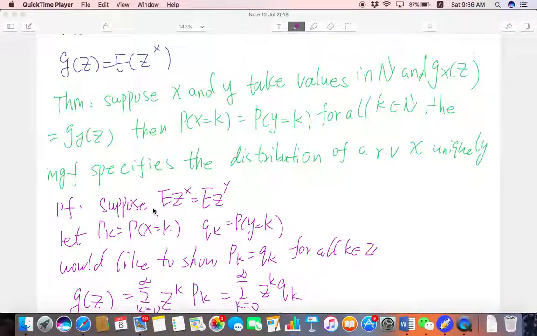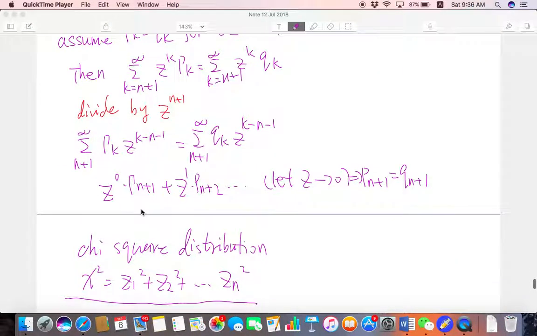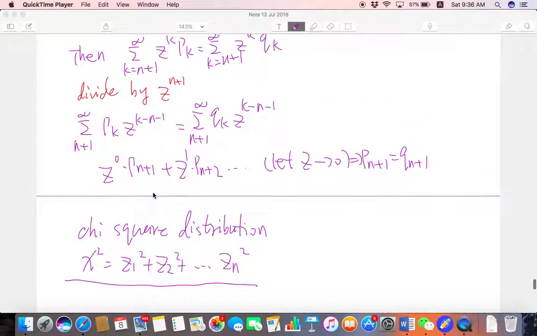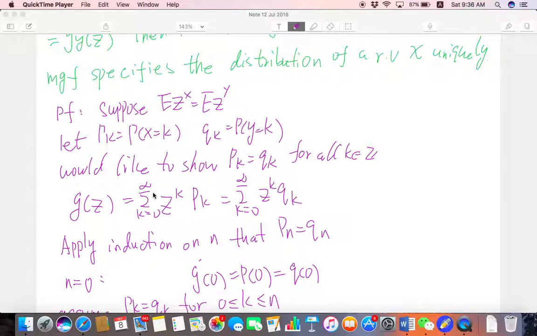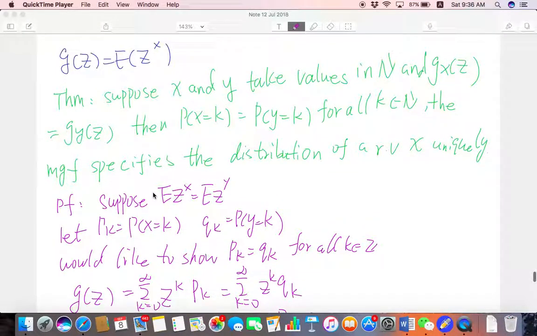But I believe such a proof is sufficient for us to convince ourselves that the uniqueness property of the moment generating function indeed holds, and then we can apply it to various kinds of practical usages.